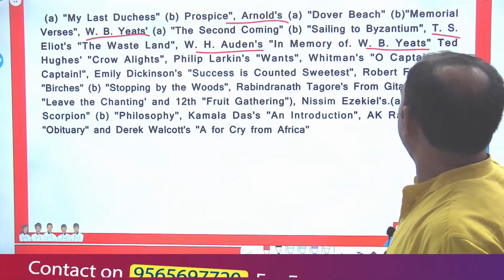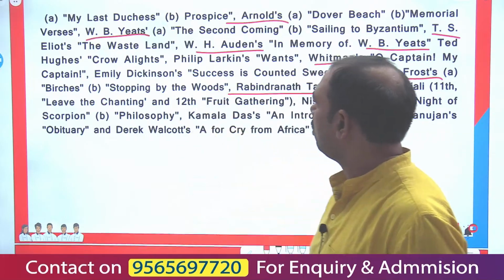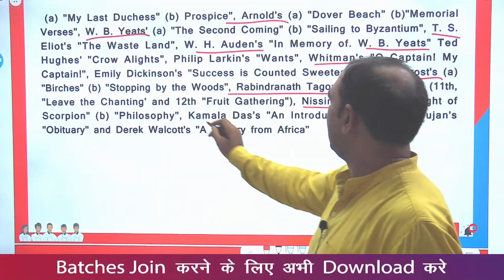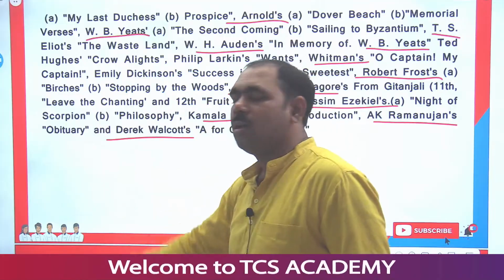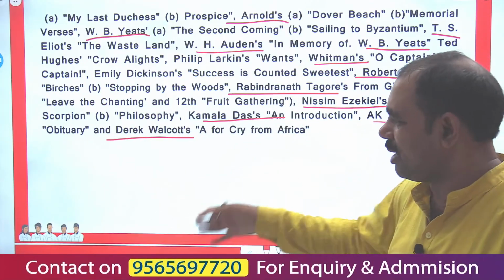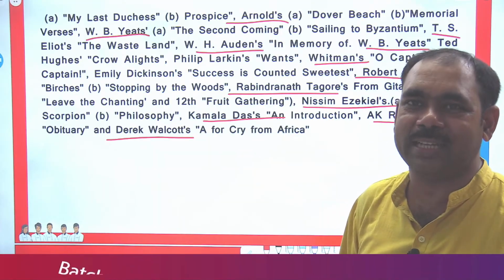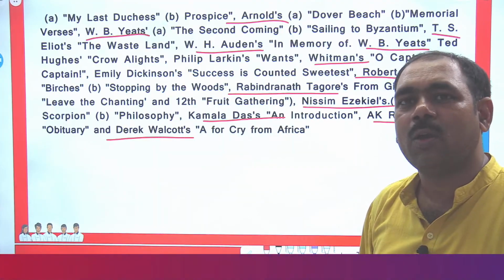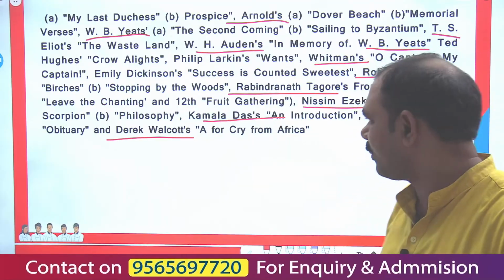Then we have Robert Frost, Whitman, Rabindranath Tagore, and Nissim Ezekiel, Kamala Das, and A.K. Ramanujan, Derek Walcott. These poets, some of their works have been taken into it, and it is very nice that specifically the names of the texts have been mentioned in the syllabus so that you can study them without any confusion. You can study them with proper understanding.